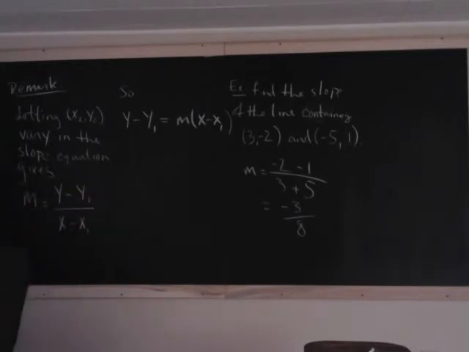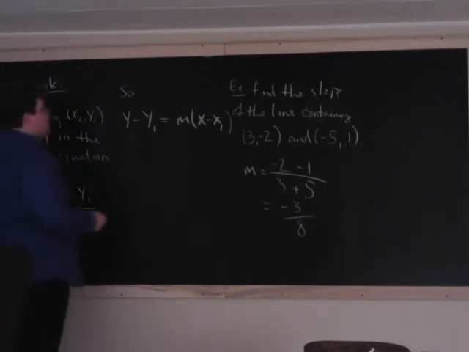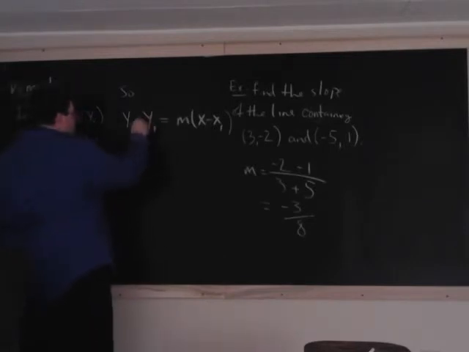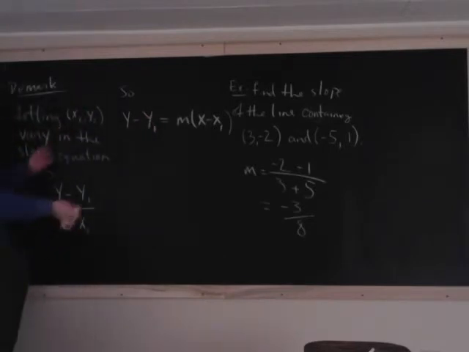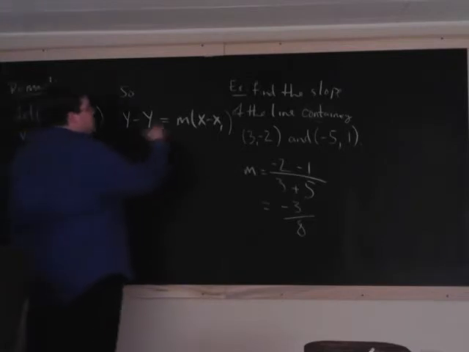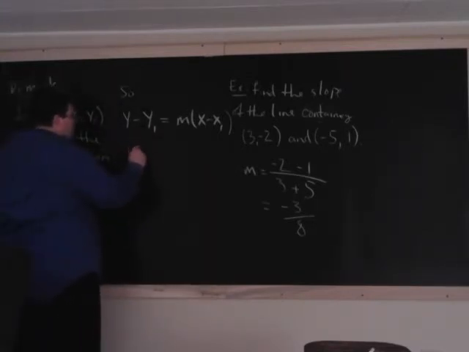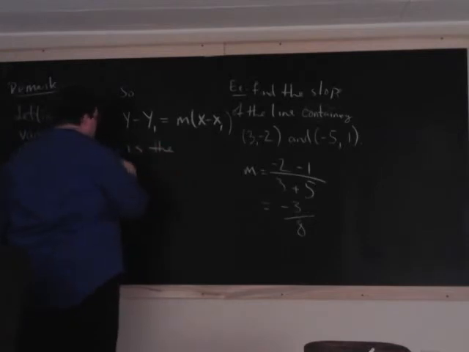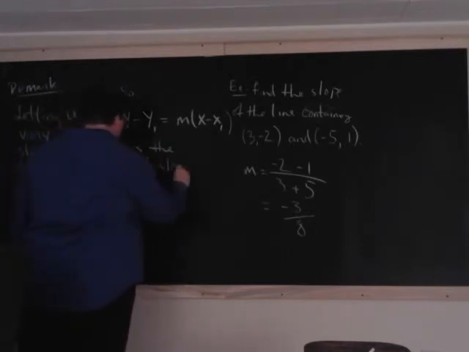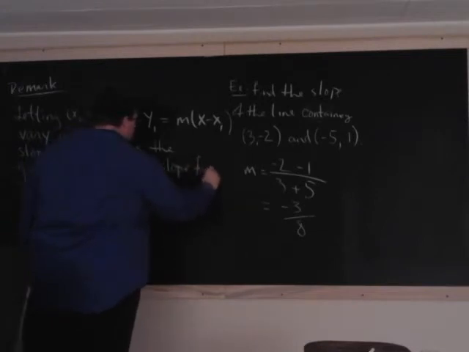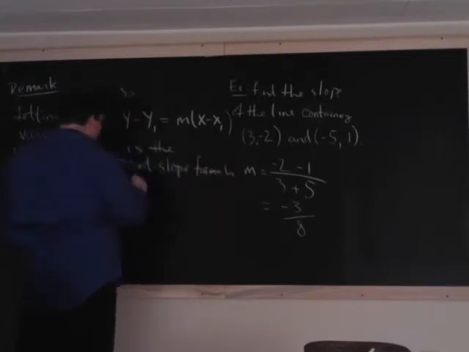And on the left side, you'll get m times x minus x1. On the right side, you'll get just y minus y1. I wrote that backwards because this is the standard way of writing this equation for a line. We call this the point-slope form formula for a line.